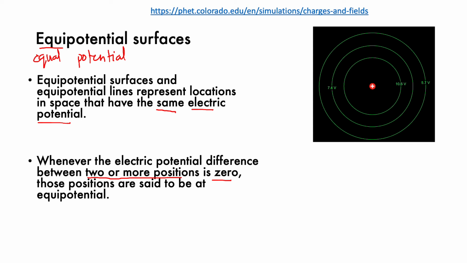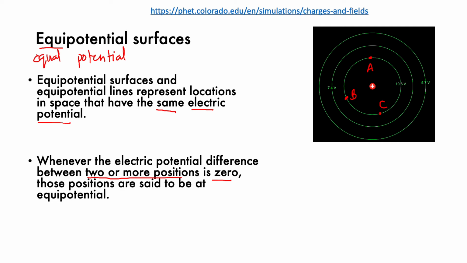For example, here in this picture I have a positive charge in the center, and around it there are some circles. On the first circle it is written 10.6 volt. So if I take any points, let's name them A, B, C, as long as these points are on the same circle, their potential will be 10.6 volts.